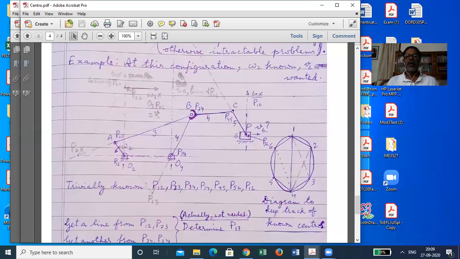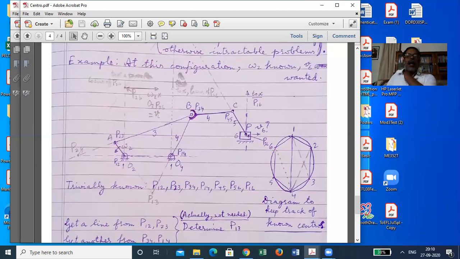One line you already know, because centro 12 you know, centro 16 you know, and from the three-center theorem you know that P12, P16 and P26 will be on the same line. But you don't know others. So you need either P23, which you know, and P36, which you don't know, or you need P25, which you don't know, and P56, which you know. So how to make a connection?